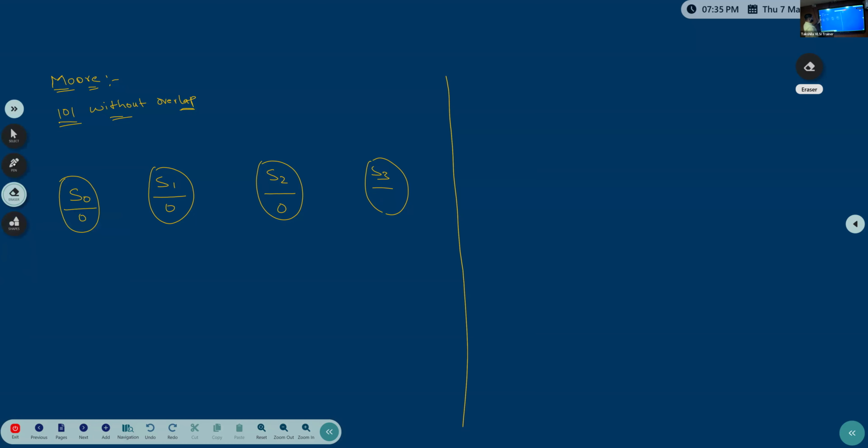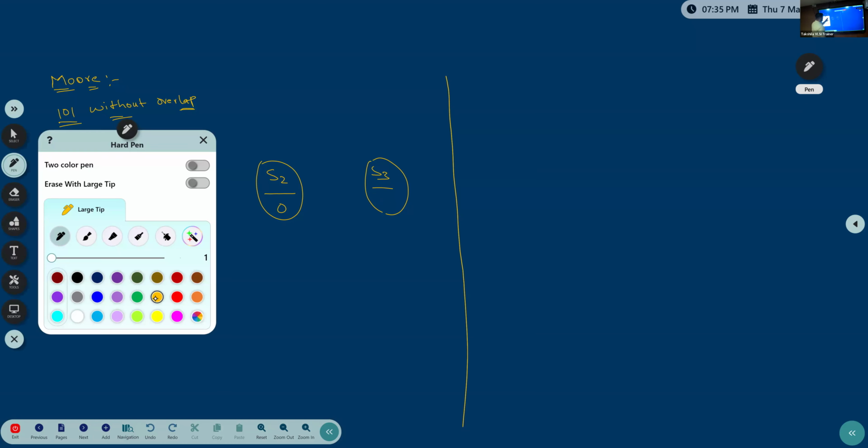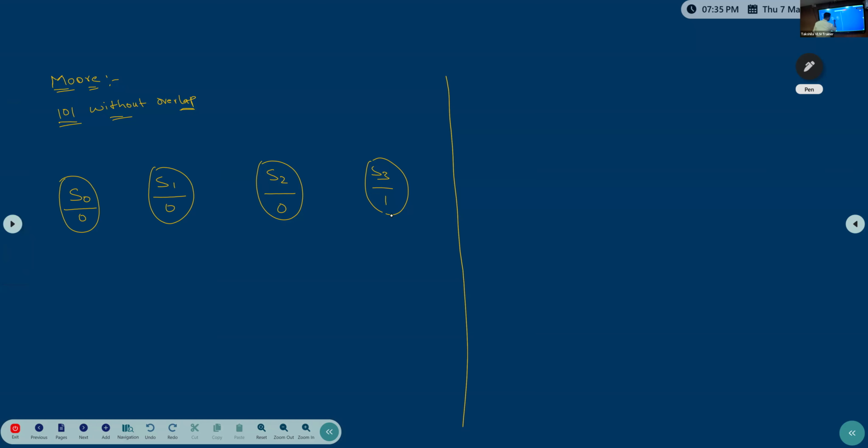What is this 0? This 0 is the output. So in the Moore machine, what is the output? Output depends only on the present state, yes or no? It will not depend on the input.